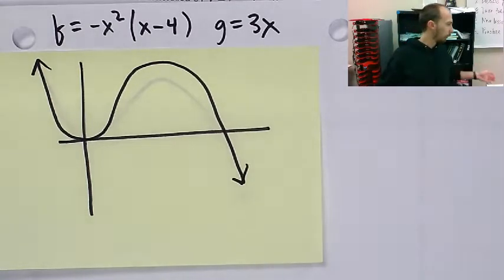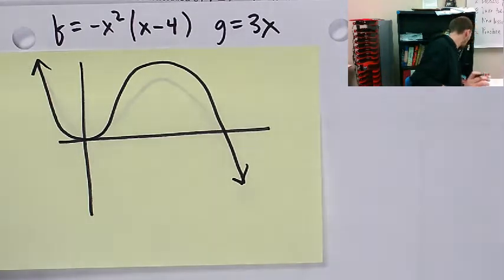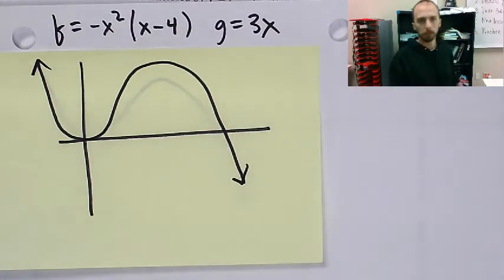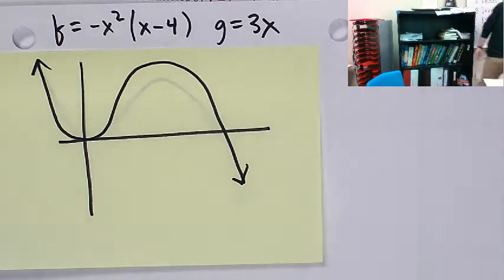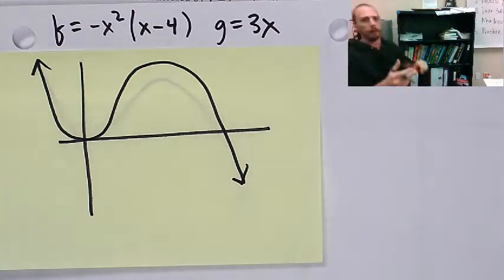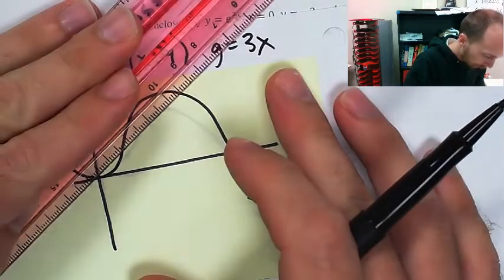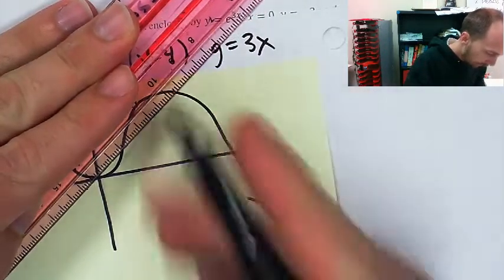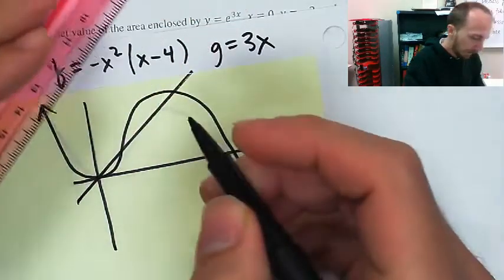I'm looking for my straight edge, not finding it. Y equals 3x. I know it goes through the origin. I don't really care about the relative steepness. I'm just trying to draw you a picture anyway. And there we go. That will do it.